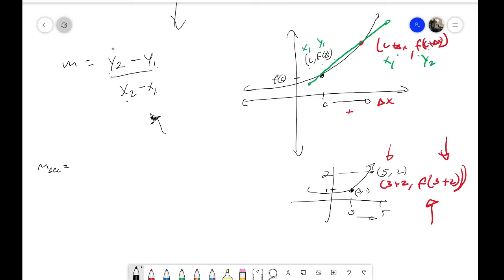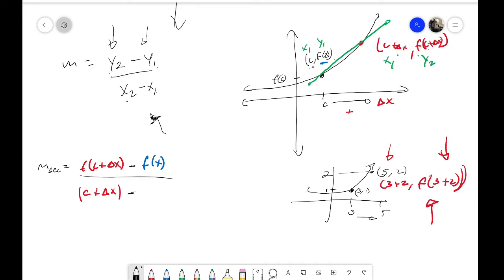If that's the case, then following this formula, y2 is going to become f of c plus delta x, minus y1. Well, y1 is just f of c, I get that from here, divided by x2. x2 is c plus delta x, and I'm going to put that in parentheses, minus x1.